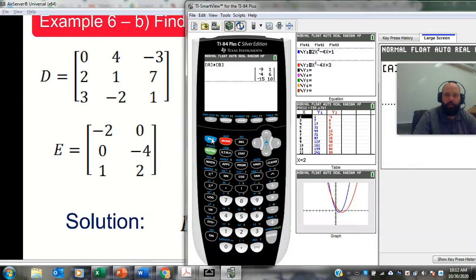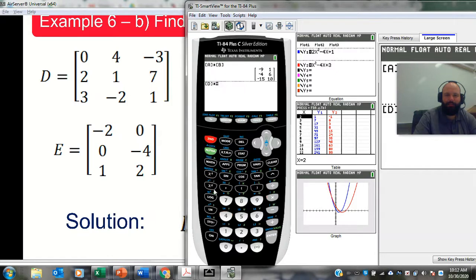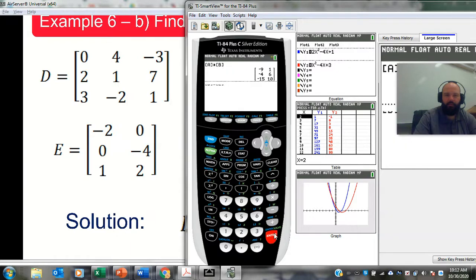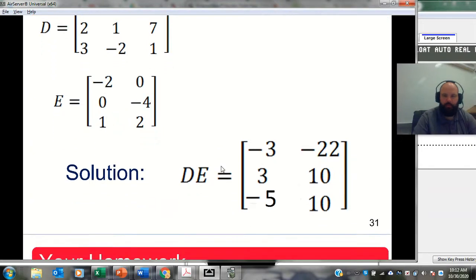And now I can go second matrix again, and we want to do matrix D times matrix E, and hit enter, and there is your solution. -3, -22, 310, -5, 10. There you go.